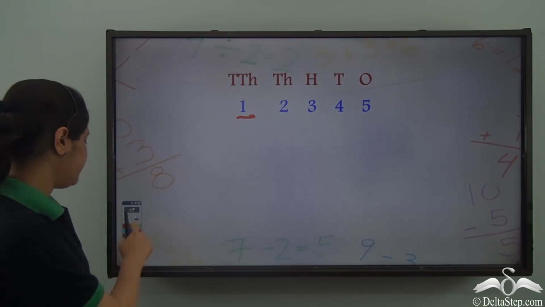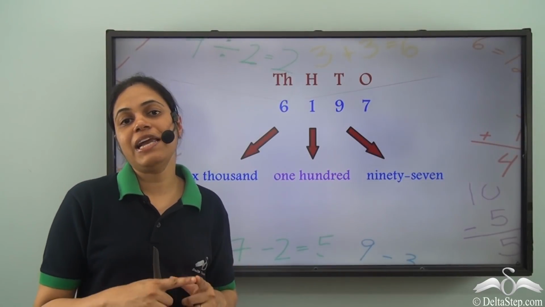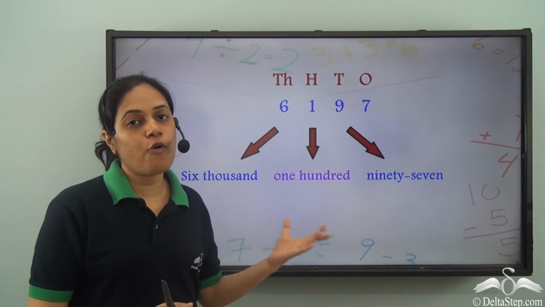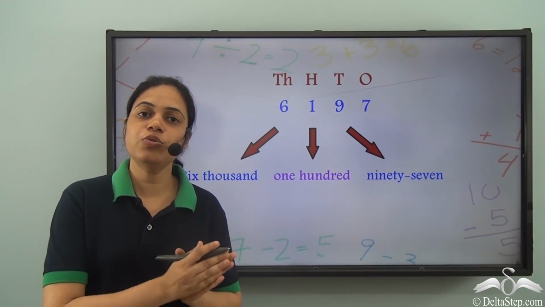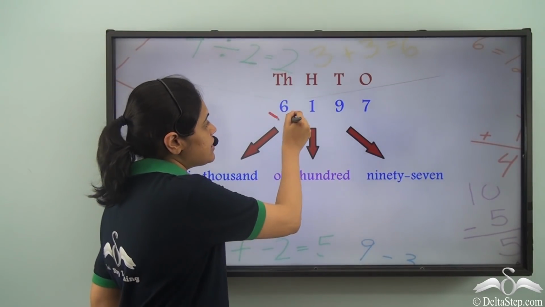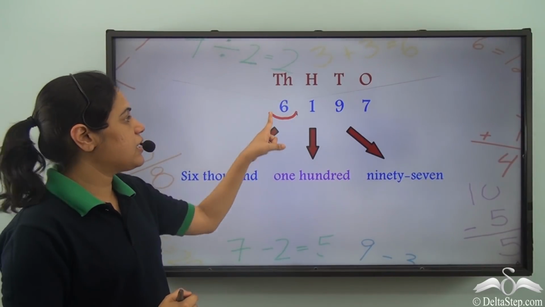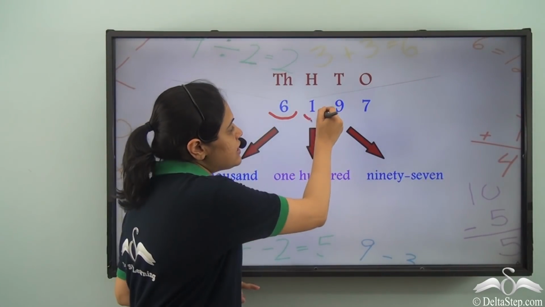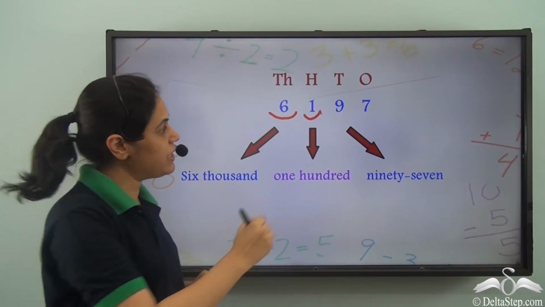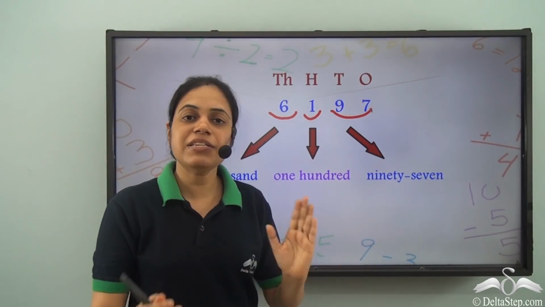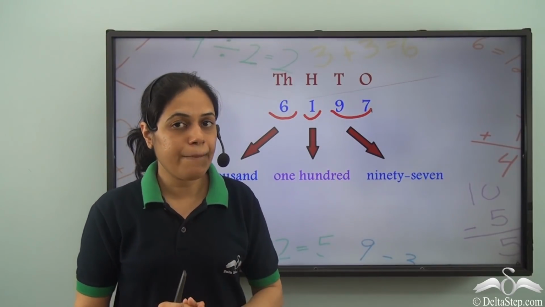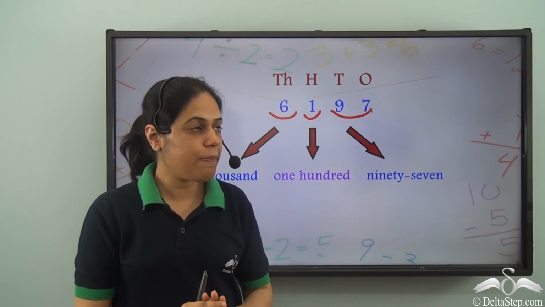Let us see. We know that while naming or writing the 4-digit numbers in words, we divided the number into 3 parts. This is the first part, the thousands place. This is the second part, the hundreds place. And this is the third part, the tens and ones place taken together. So the number name has 3 parts.